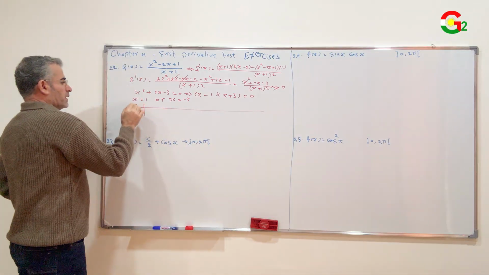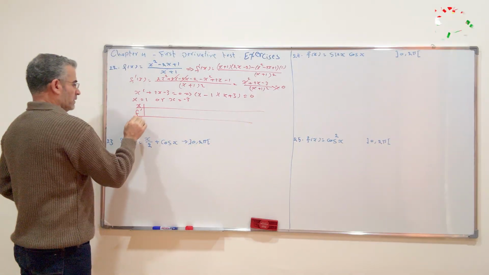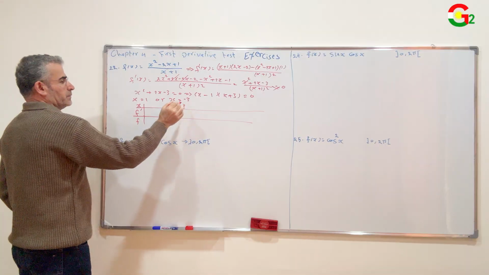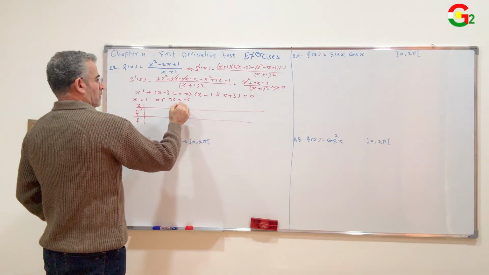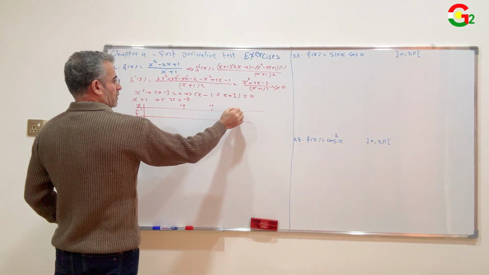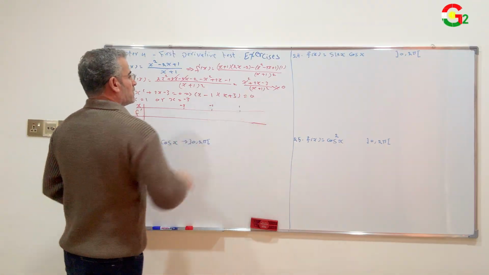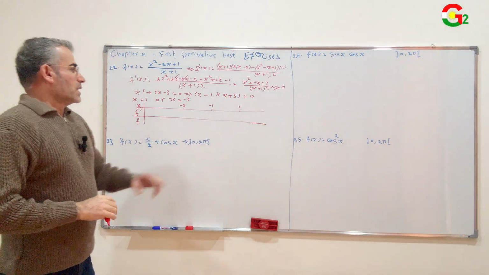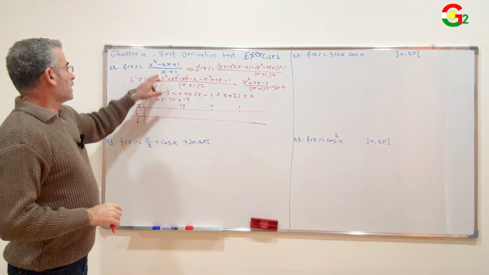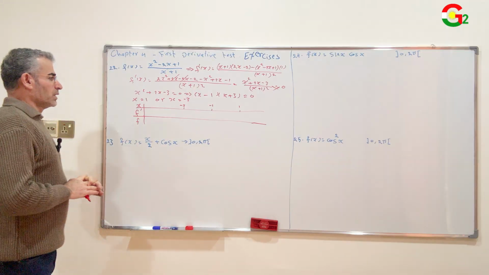Find the intervals of increasing and decreasing by finding the sign of the derivative of this function. Mark negative 3, negative 1, 0, 1. Since the derivative is undefined at negative 1, we take negative 1 also on the number line, but negative 1 is not in the domain of this function, so it is not a critical point.